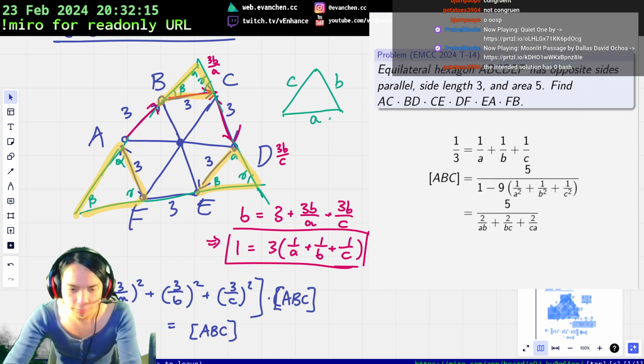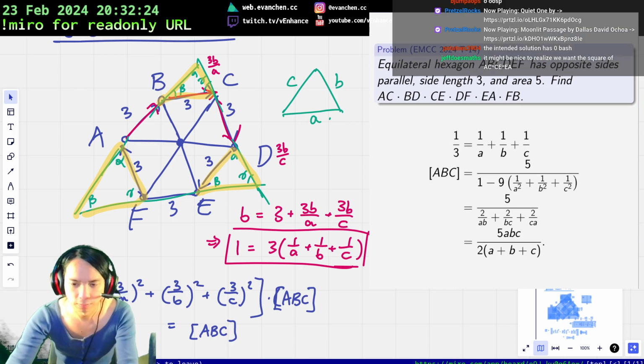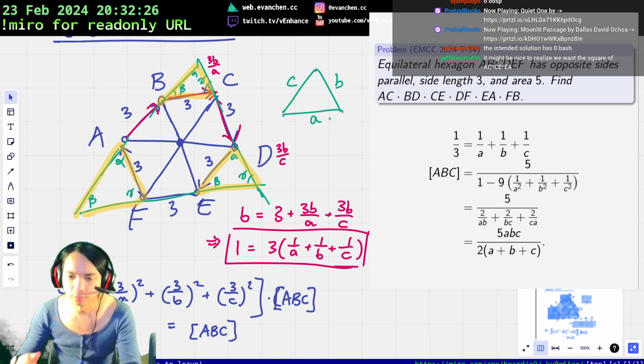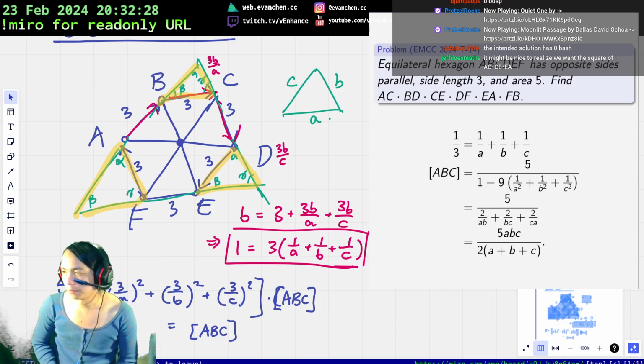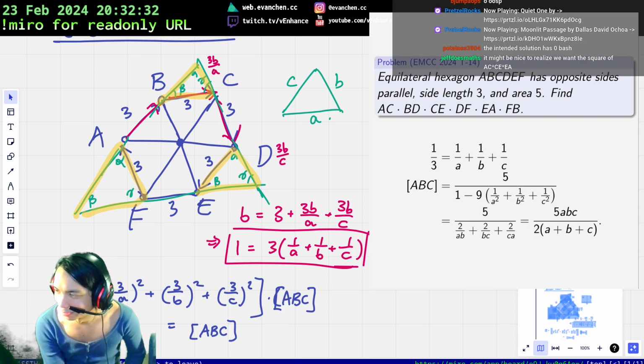Because that's just equal to 5 ABC times A plus B plus C. So I mean, this is what it is. It's not an amazing equation, but that's what we have.